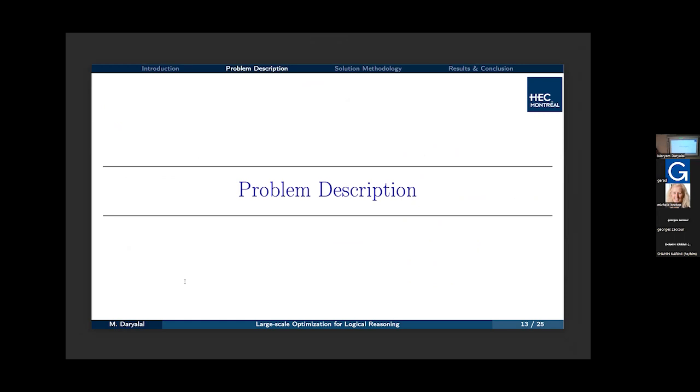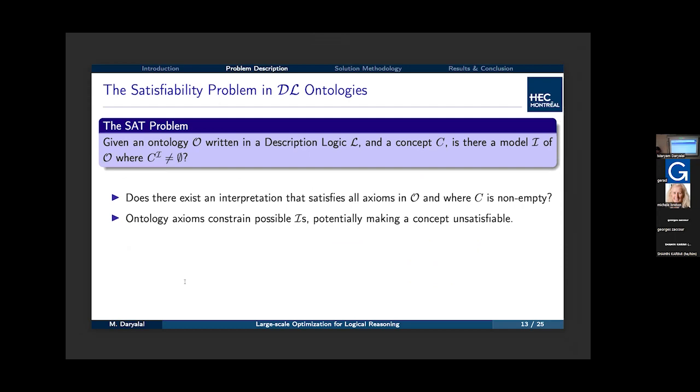So now all these things aside, what is the problem that we want to help with? That's the problem of satisfiability. Every other problem in the world of description logic and semantic web can be reduced to a satisfiability problem. And it says, these things that I wrote in my ontology, do they make sense?